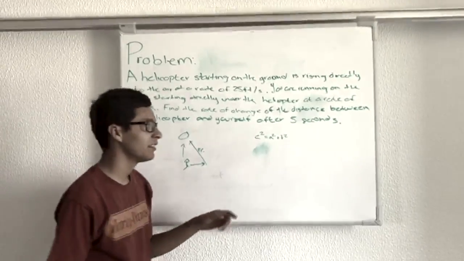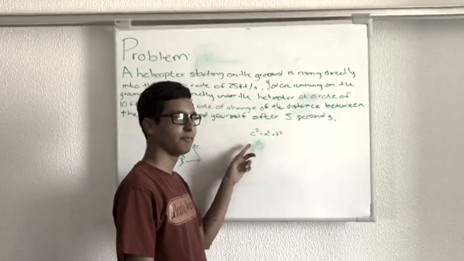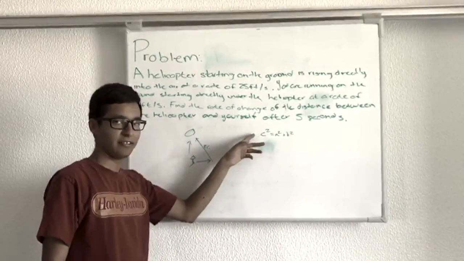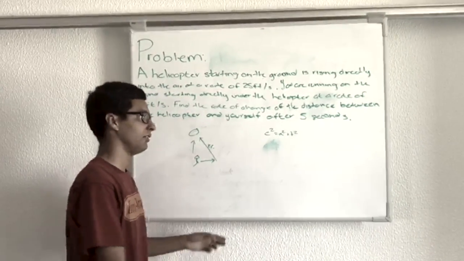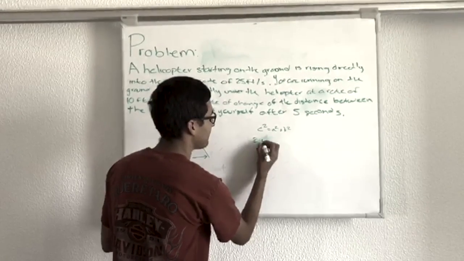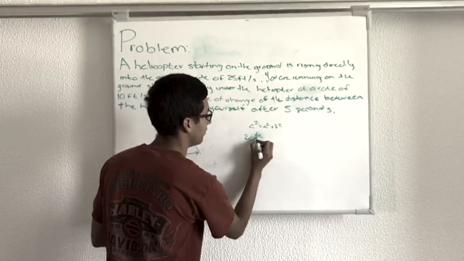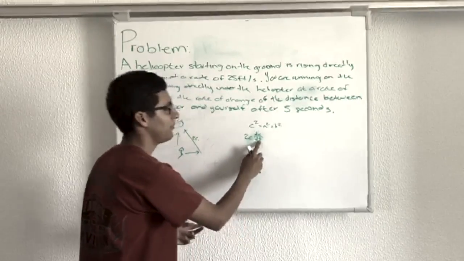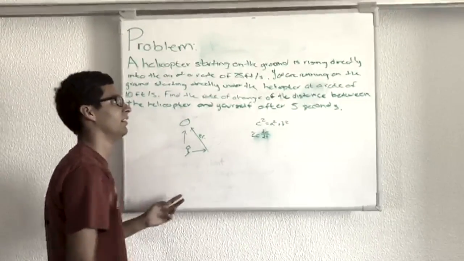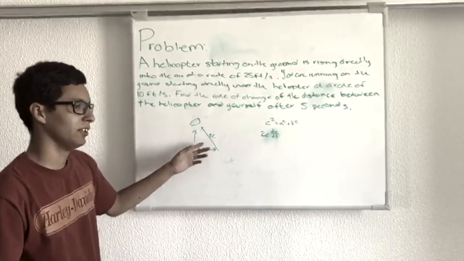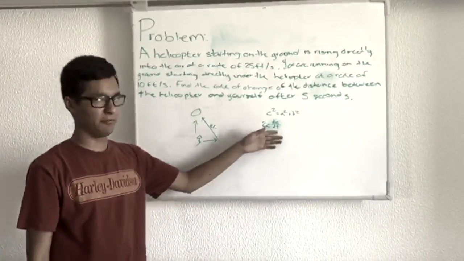For this, we're gonna need the Pythagorean formula, and from this one, we're gonna get the first derivative, which is 2c times dc over dt. This part means the rate of change of the distance c, which is related with time.